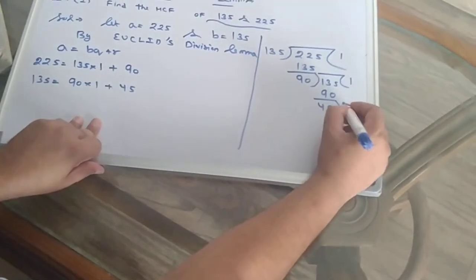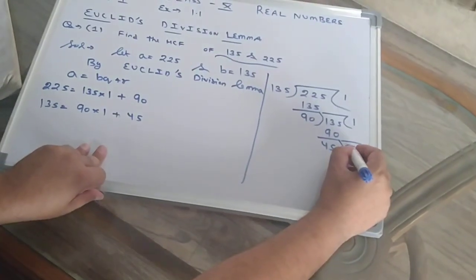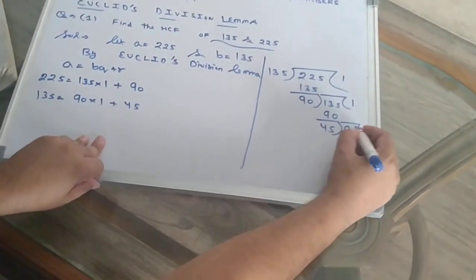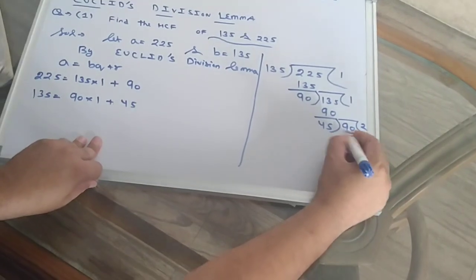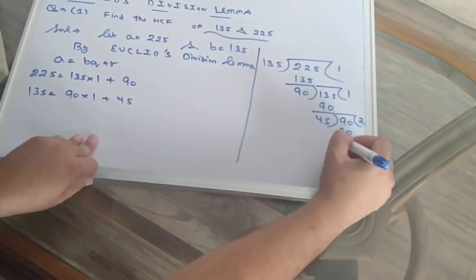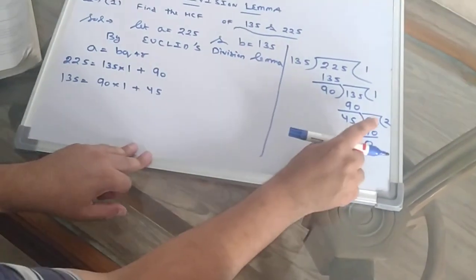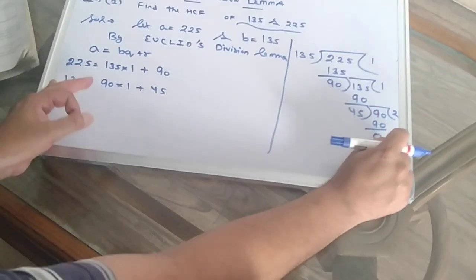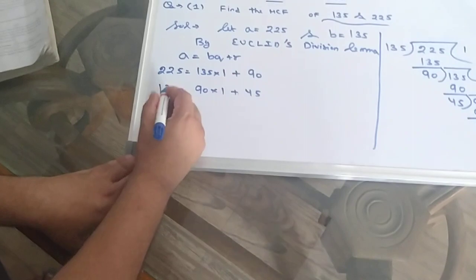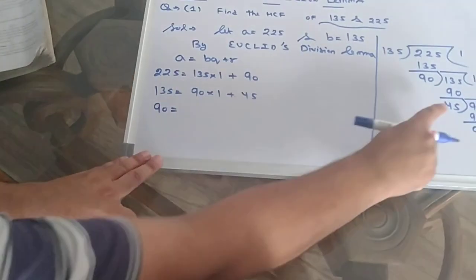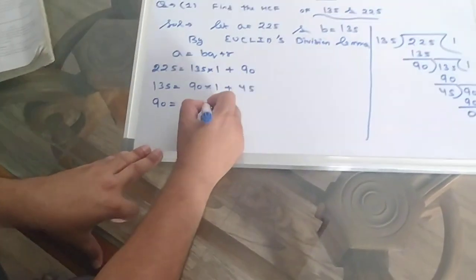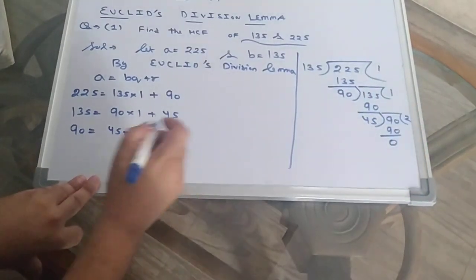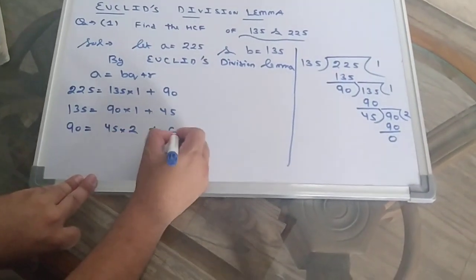Again, the last step: now you divide 90 by 45, and the remainder is 0. When we divide 90 by 45, our quotient is 2 and remainder is 0. Now write it as a is 90, b is 45, quotient is 2 and remainder is 0.